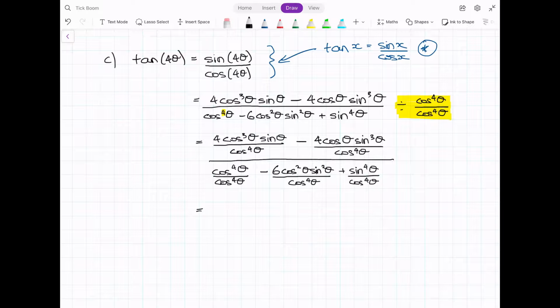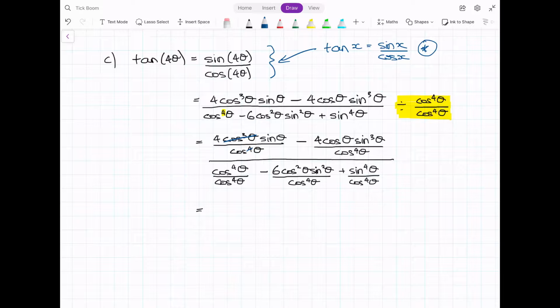Here the cos cubed theta in the numerator and the cos to the 4 will simplify. Here the cos theta in the, maybe actually I'll just use a different color, might help make things clear. So maybe I'll use blue here. So the cos cubed theta will cancel out with the, and we'll end up with just a power of 1.